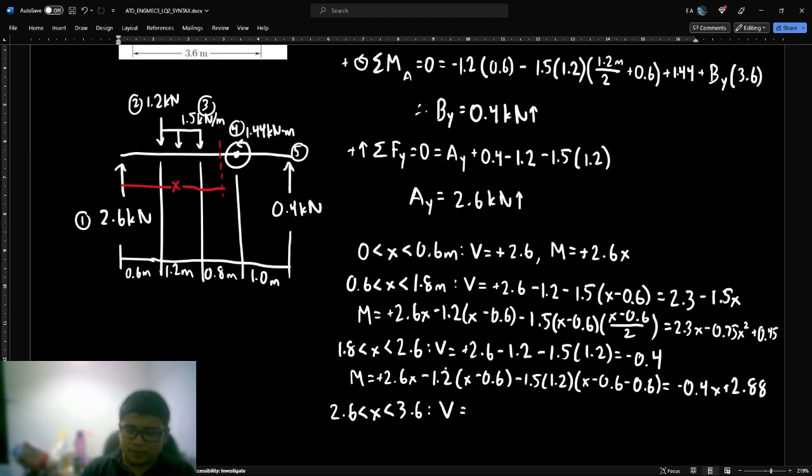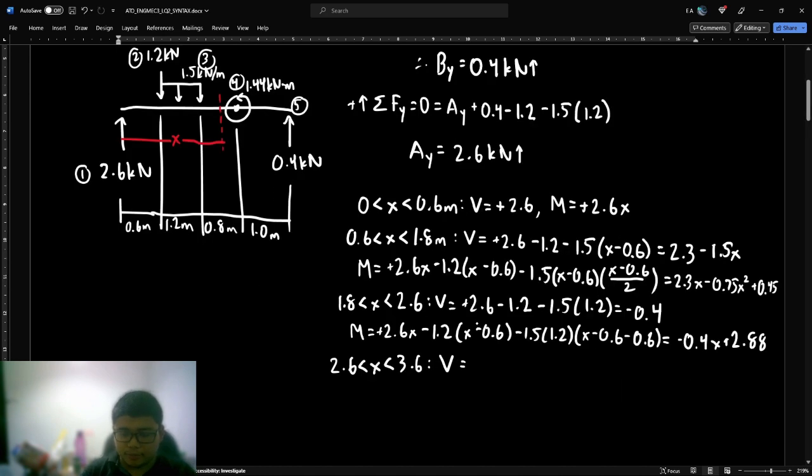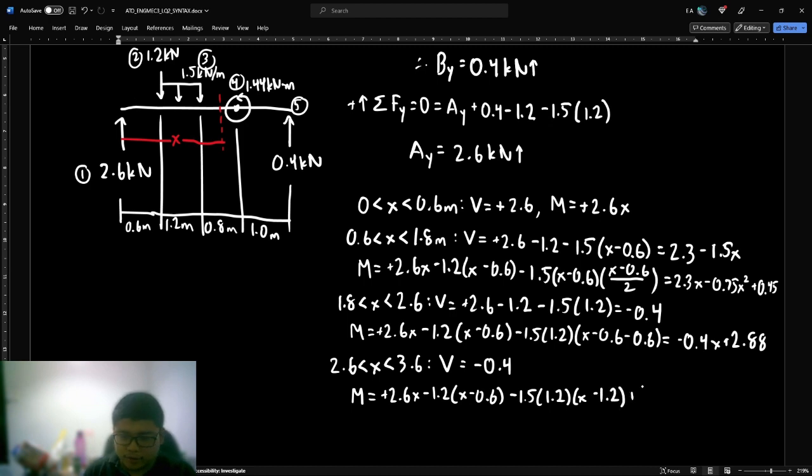The shear equation does not change, so it's still negative 0.4 since there are no external loads. And lastly, our moment equation is plus 2.6x minus 1.2 times x minus 0.6 minus 1.5 times 1.2 times x minus 1.2 minus 1.44.